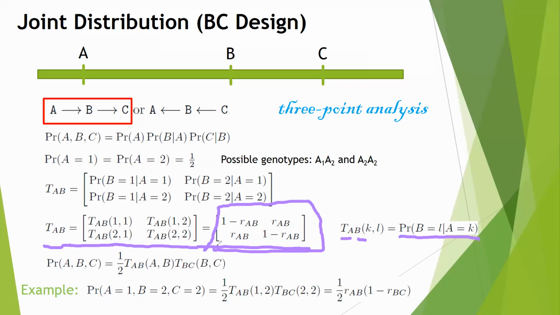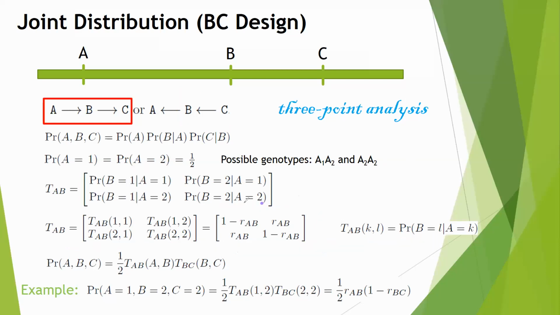And it is the same: if in the final exam I ask you to write the transition matrix for B and C, what is the transition matrix between locus B and C? It should be easy for you to write that, right? The same format, but you have to replace this R_AB by R_BC, right? Does that make sense? Okay, good.